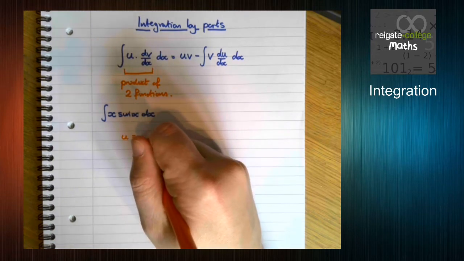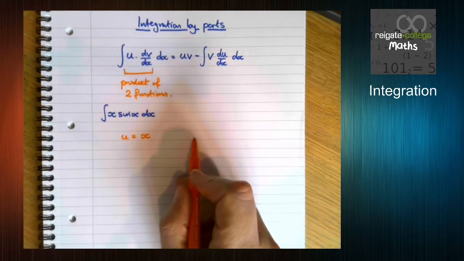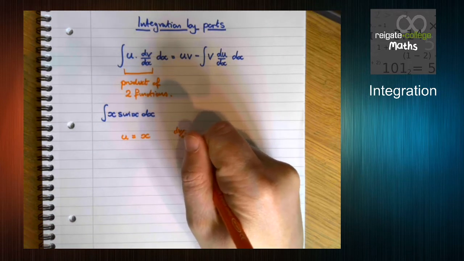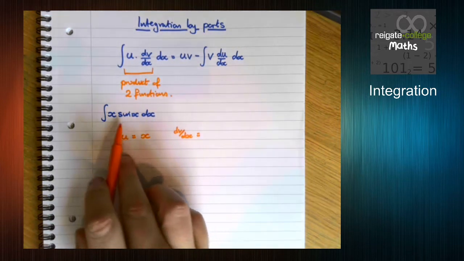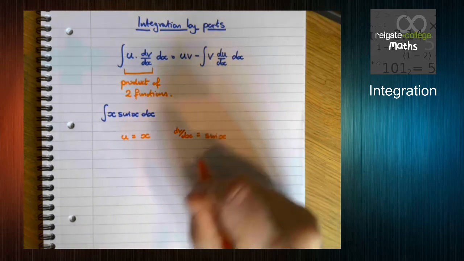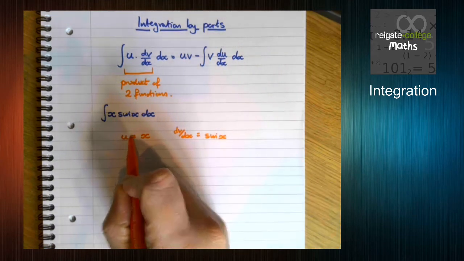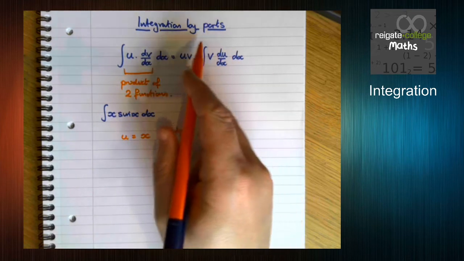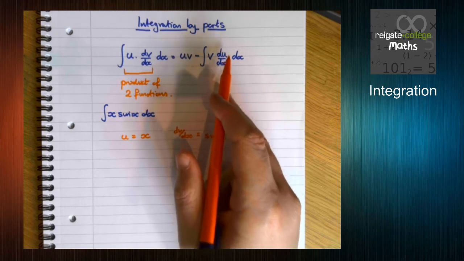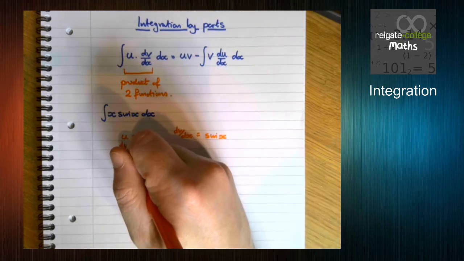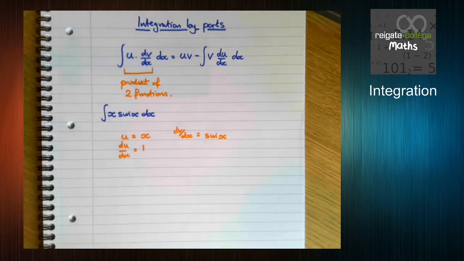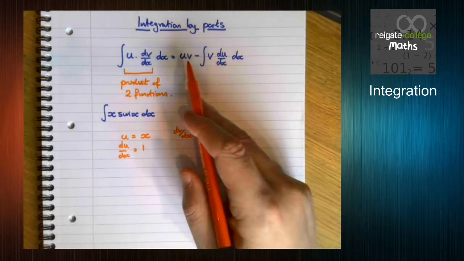Whereas with the product rule, I'll have u and then v, with this, I have u and dv by dx on the top, because those are the things I'm getting from the question. For the right-hand side of my formula, I now need du by dx. So that's 1 in this case. And I also need v.